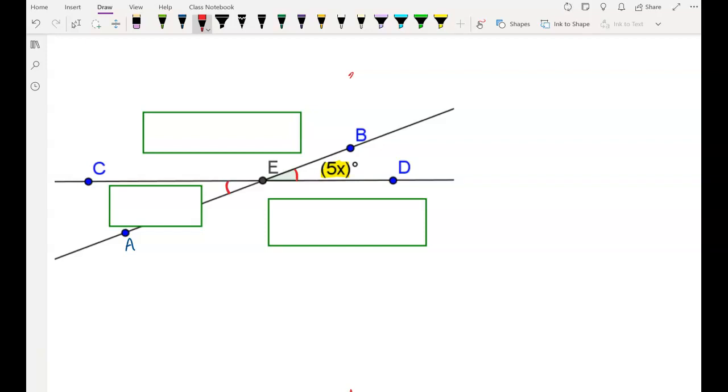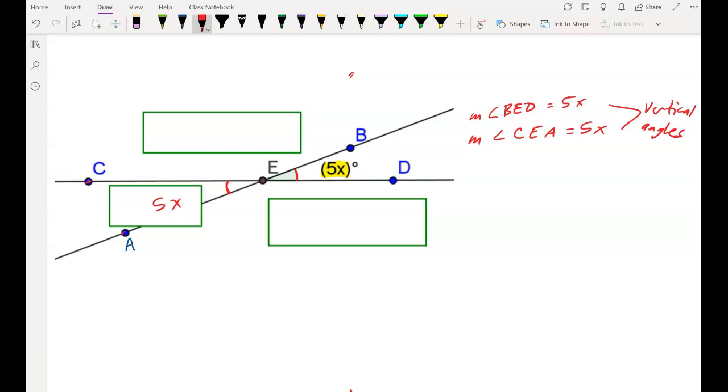So angle BED, the measure of that is 5x, correct? Because it says so. The measure of angle CEA should also be 5x. Why? Because they are vertical angles.